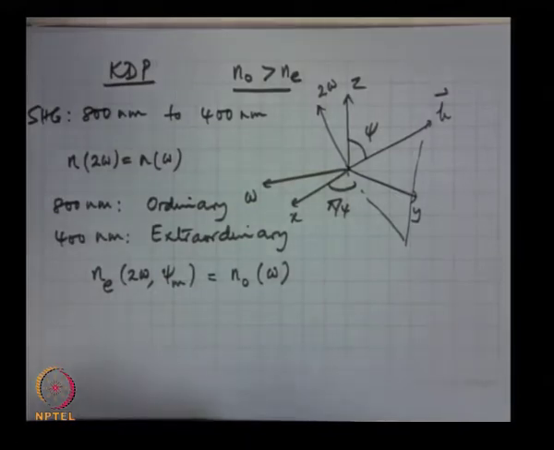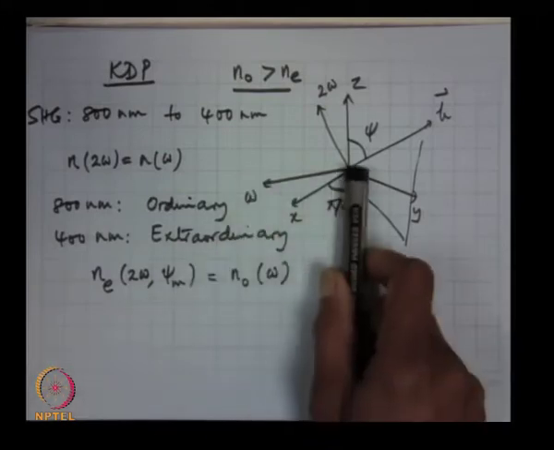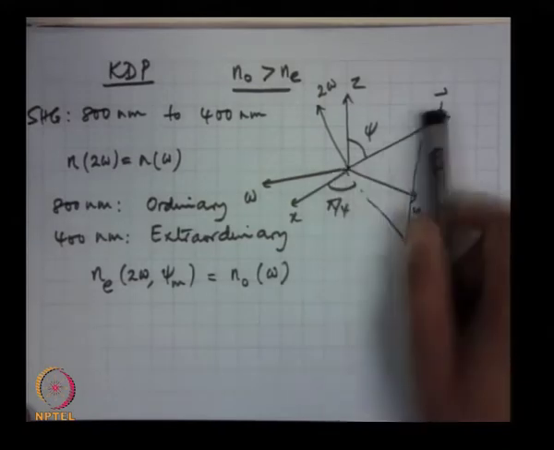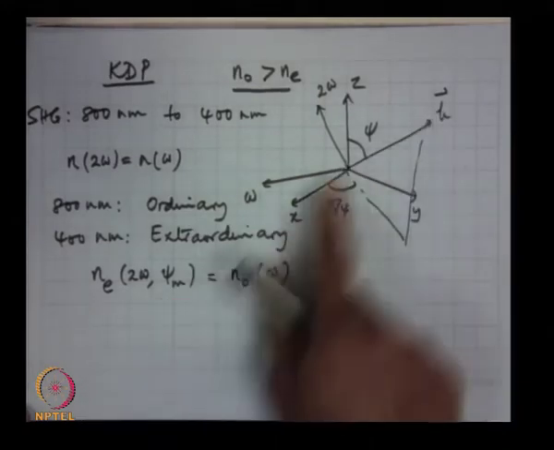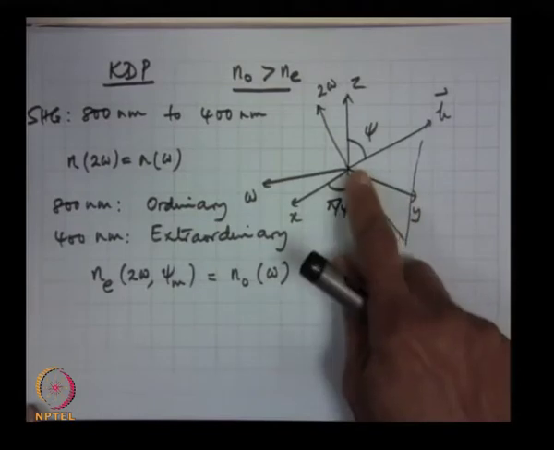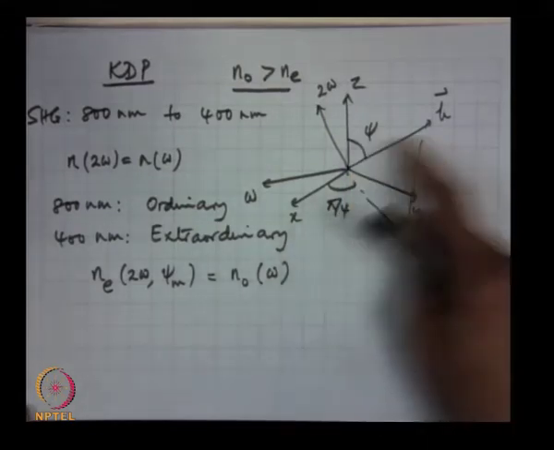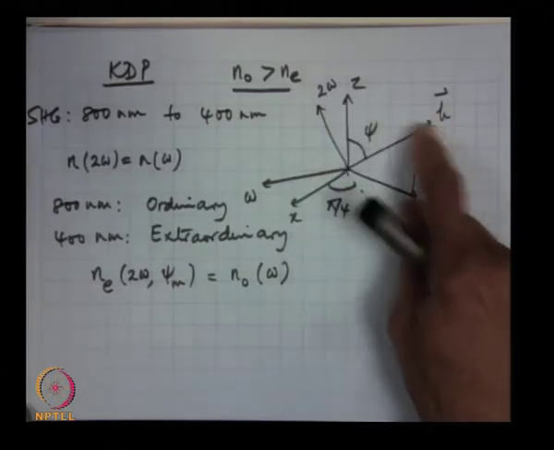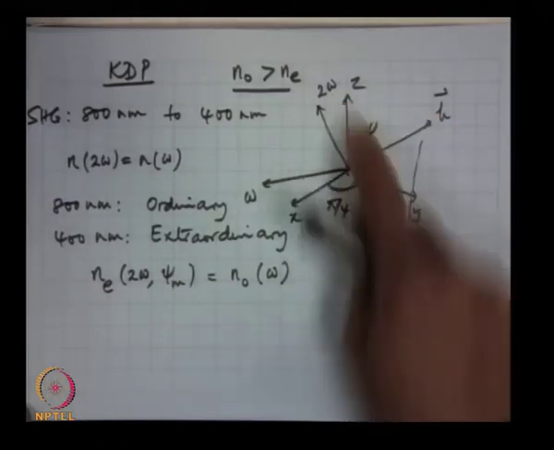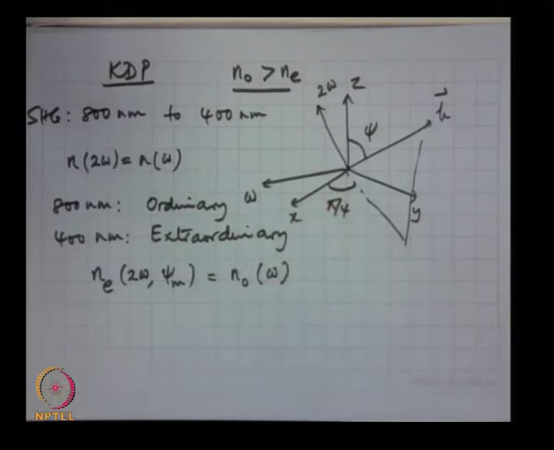So for second harmonic, I input waves at 800 nanometers, oriented as an ordinary wave, propagating at an angle psi m with the optic axis. In order to maximize the effective nonlinear coefficient, I choose the propagation plane containing k and the z axis to be inclined at 45 degrees to the x axis.